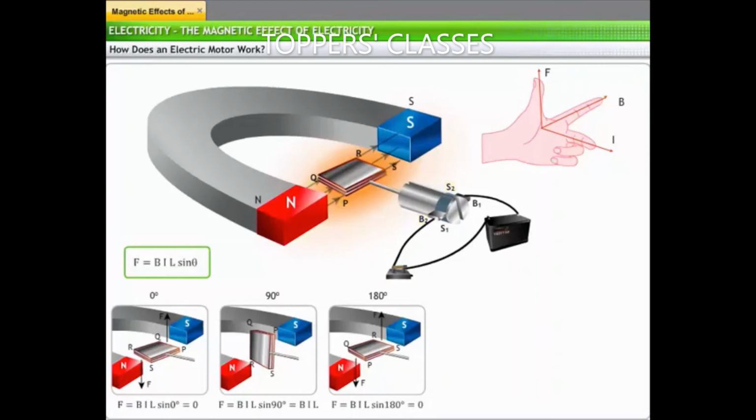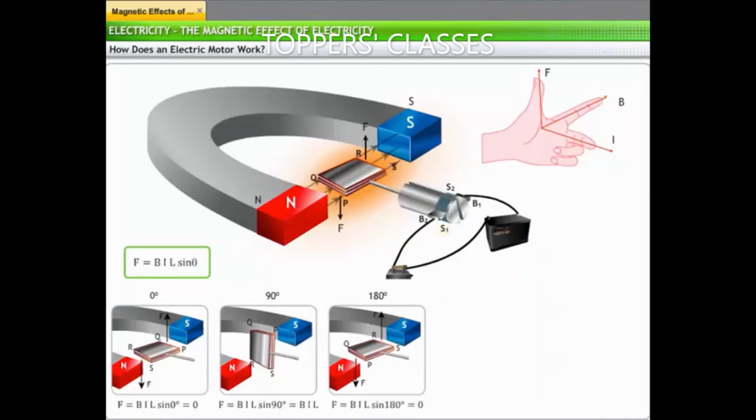Similarly, S2 connects RS to B1. This reverses the current through the coil. The current now enters the coil through S2, passes along S, R, Q, P, and leaves the coil through S1.